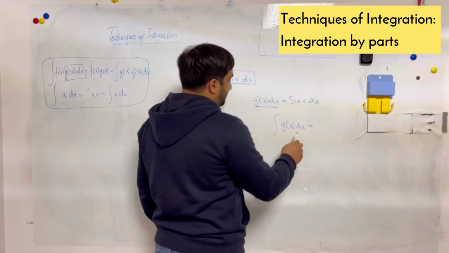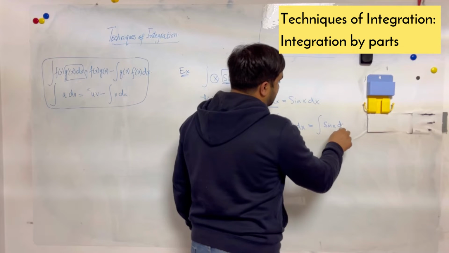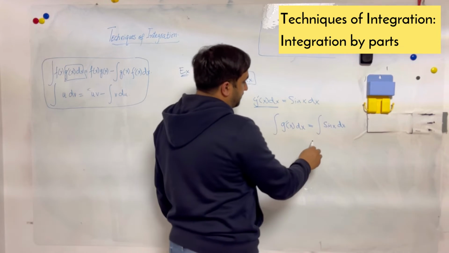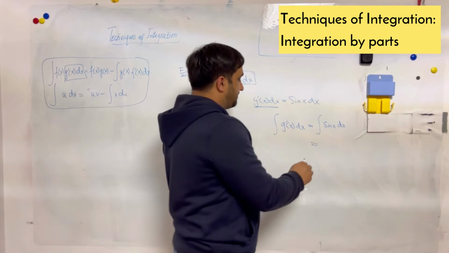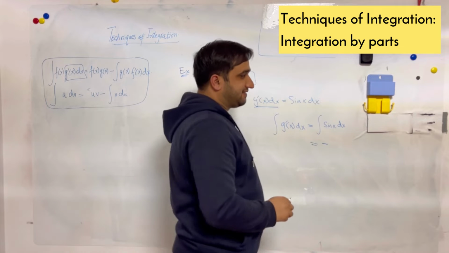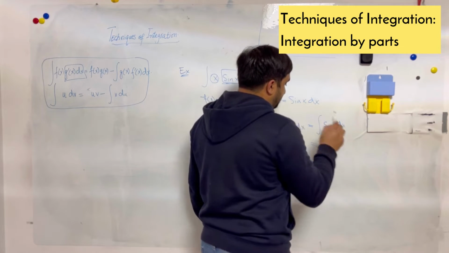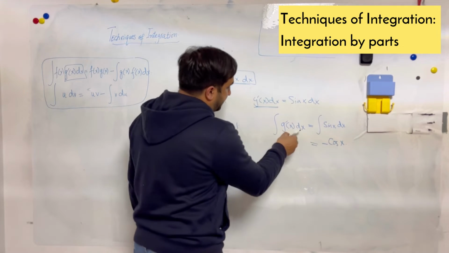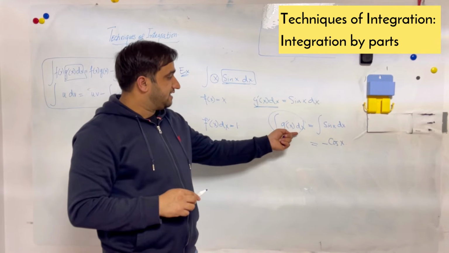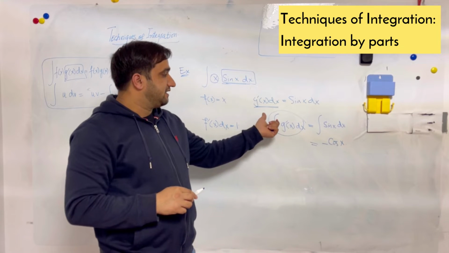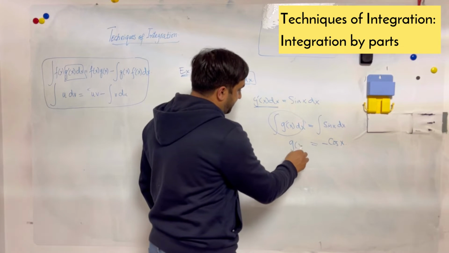So when you apply integral on it, it means you are applying integral on sine x dx, and you know how to solve this integral. The integral of sine is minus cos x. Now, this thing, you know that this is the total derivative of something, and the total derivative of something together with integral cancels each other, so this becomes g of x.